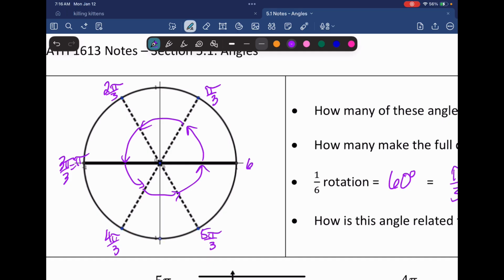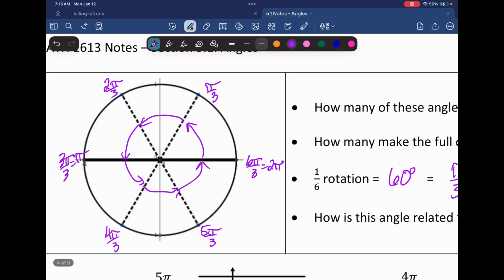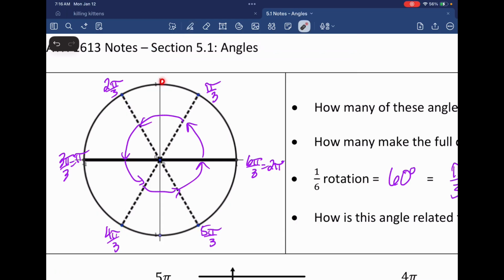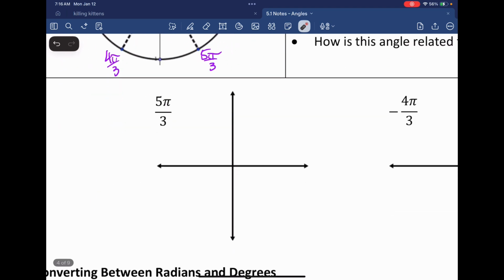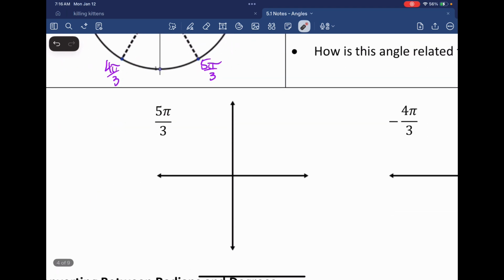And then 6 pi over 3, which is your 2 pi. All right. Doesn't relate to the pi over 2 because 1 pi over 3 is too small and 2 pi over 3 is too big. So if I want to draw 5 pi over 3, I know 6 pi over 3 is here. So 5 pi over 3 must be there.